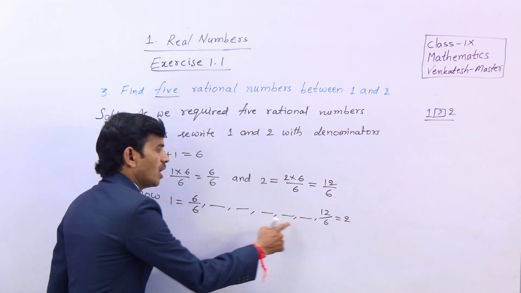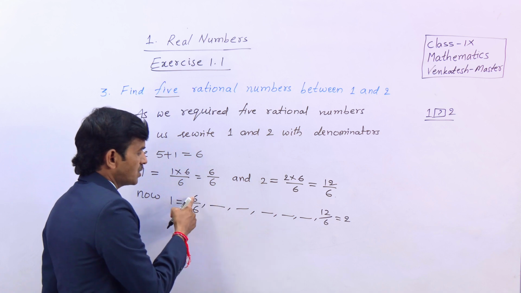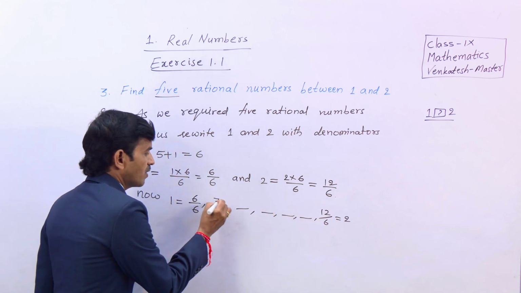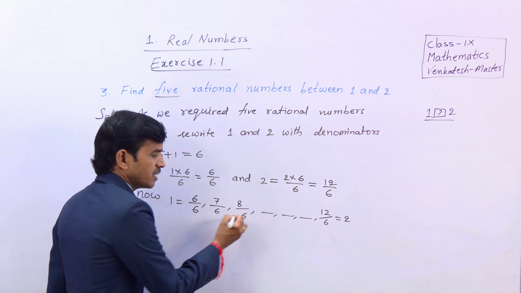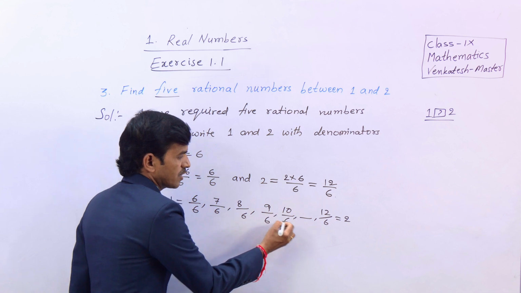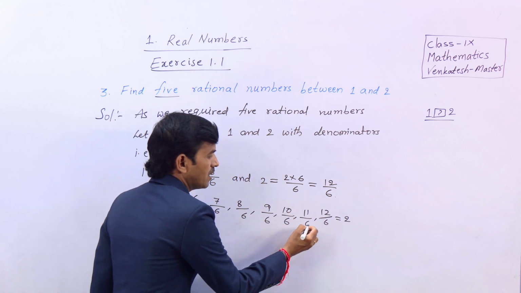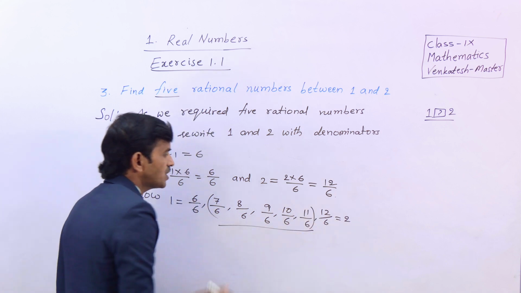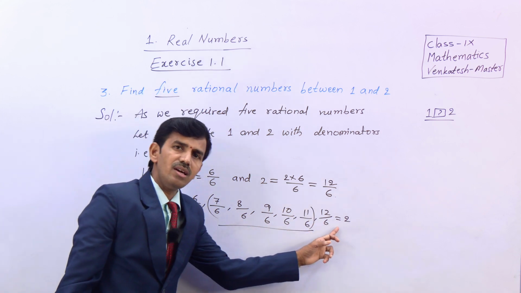So with the same denominators, we can write the numbers which lie between 6 and 12. What are they? 7 by 6, 8 by 6, 9 by 6, 10 by 6 and 11 by 6. These are our required numbers which lie between 1 and 2.